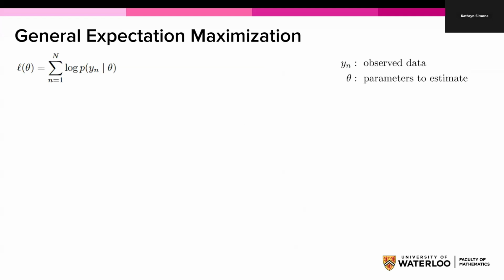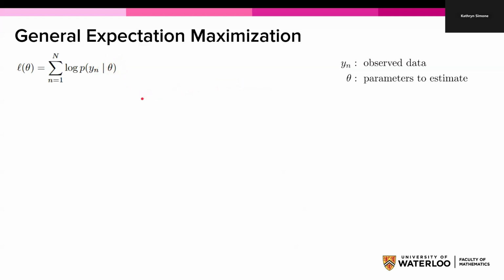Okay, so our goal in EM, regardless of what distribution we're trying to fit, is we want to maximize the log likelihood of the function, denoted as L(theta). So there's a formula here that sums the log of the probability density functions, which in our case is the density of the observed data yn, given the parameters theta.